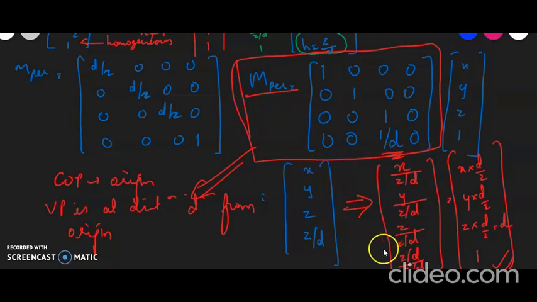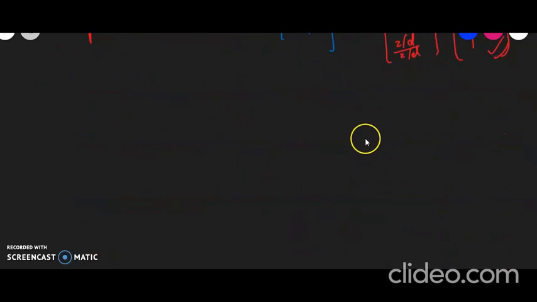Now a question for you all. I move into my scenario 2, and scenario 2 is a bit different. Please understand this scenario. So this is y, this is x, and this is z, right?